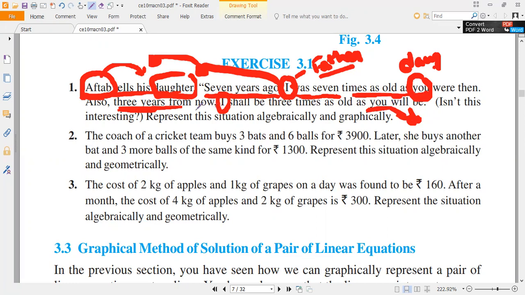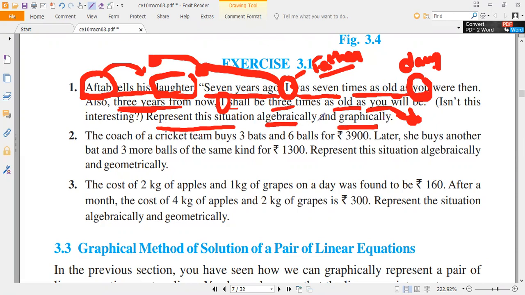So after 3 years, the father's age is 3 times the daughter's age. Here 2 statements are given, and we have to write the pair of linear equations. Represent this situation algebraically and graphically.